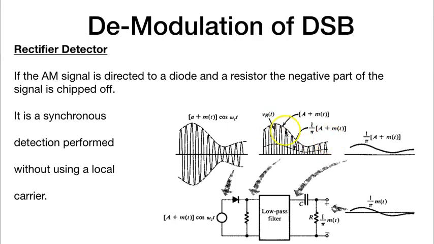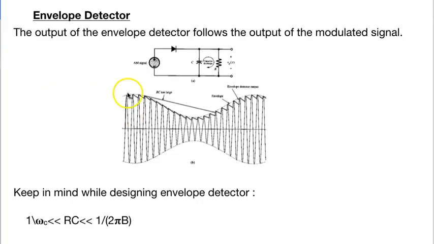These variations, when passed through a low pass filter, retrieve the baseband signal of low frequency, and on passing it through the CR circuit, it further smooths the amplitude and gives you the actual message signal that was originally your message. Now, the envelope detector follows the output of a modulated signal.